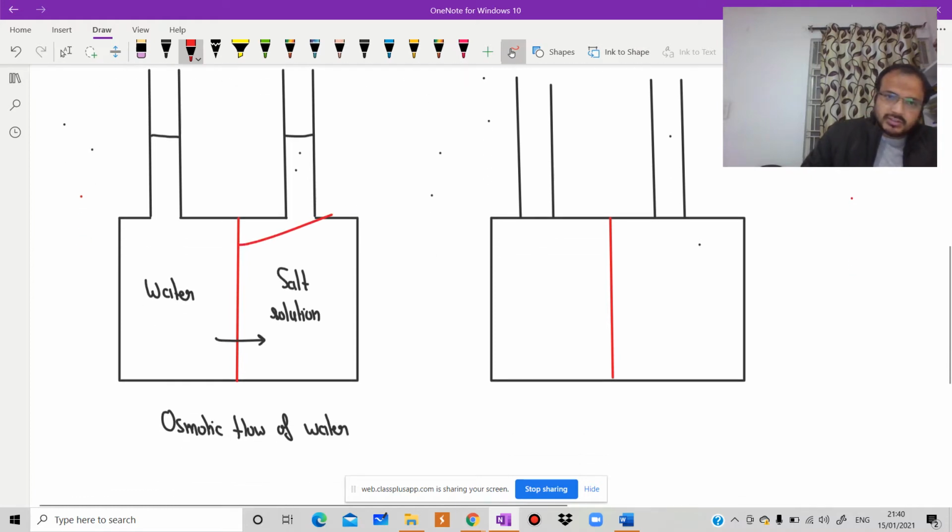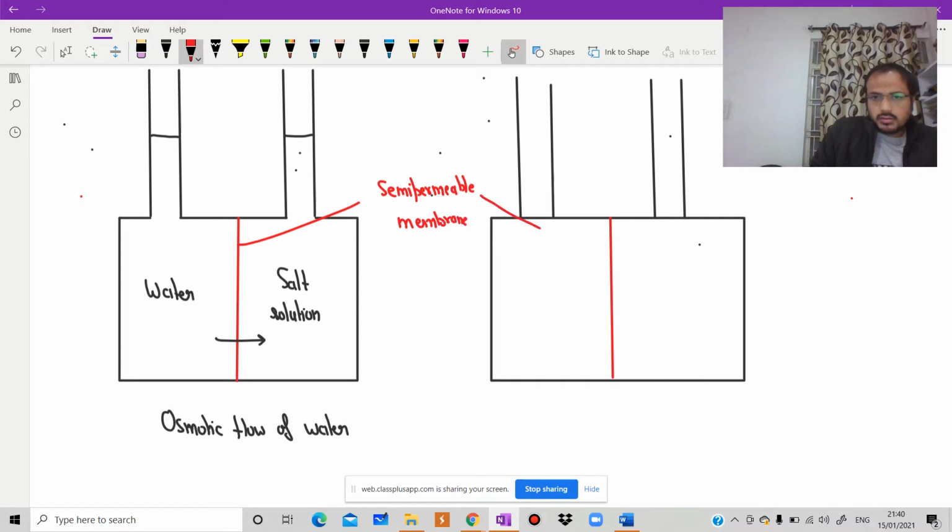As we know, this one is a semi-permeable membrane. This one is also.